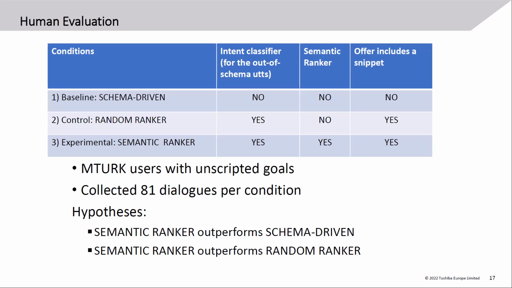The random ranker differs from the experimental condition only by not having the semantic ranker component. We just use random ranking for this condition.